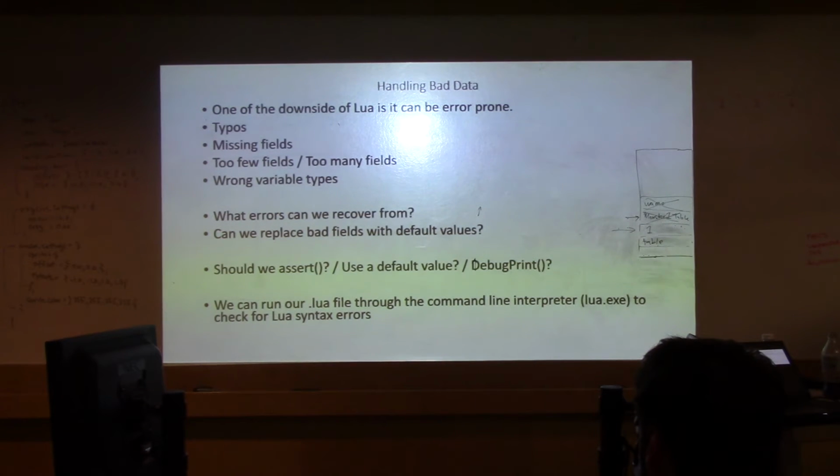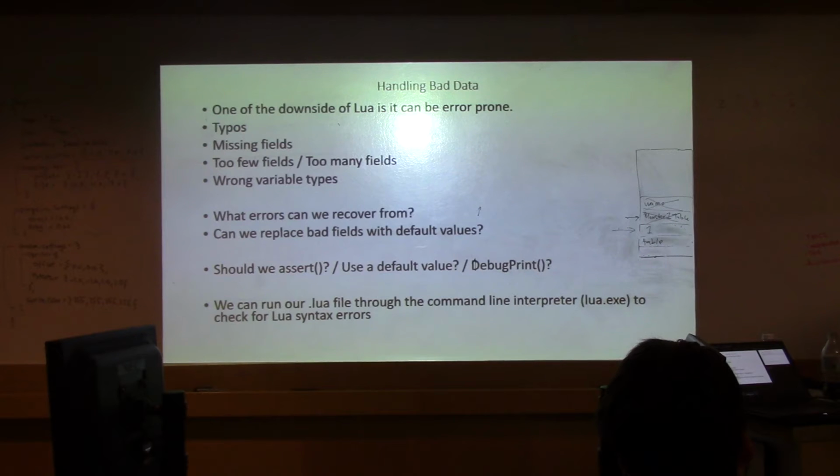What errors do we recover from, and where do we assert and where do we error out? And I asserted on all my stuff, but I think ideally, what you should do is in your code, if you, like, say, are looking for the name of a monster and you push name, and it's not there, you should print it. Say, hey, couldn't find name for this in this table, or if it's the wrong type, name is of wrong type or something.